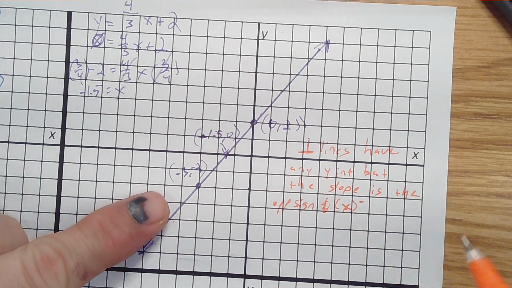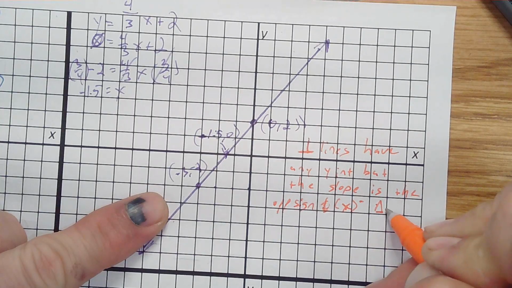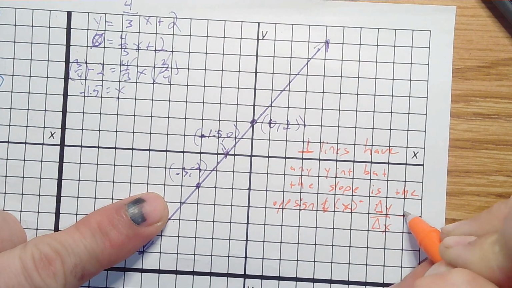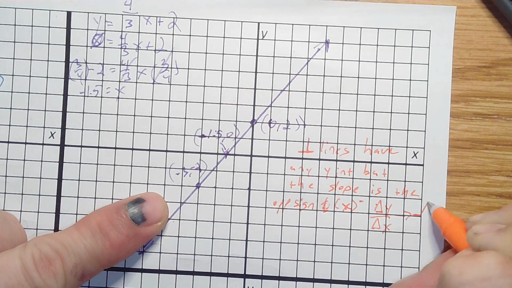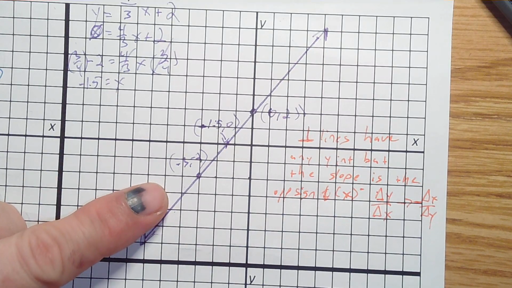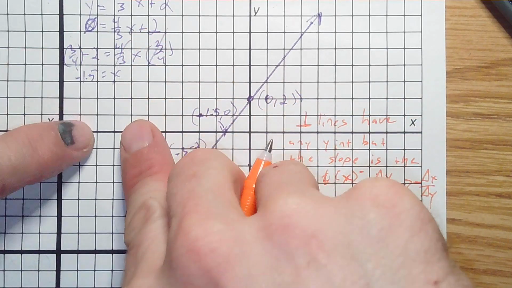So the reciprocal, like if it's change in y over change in x, it's going to become the negative change in x over change in y. Say for instance here, all I have to do is take the reciprocal.